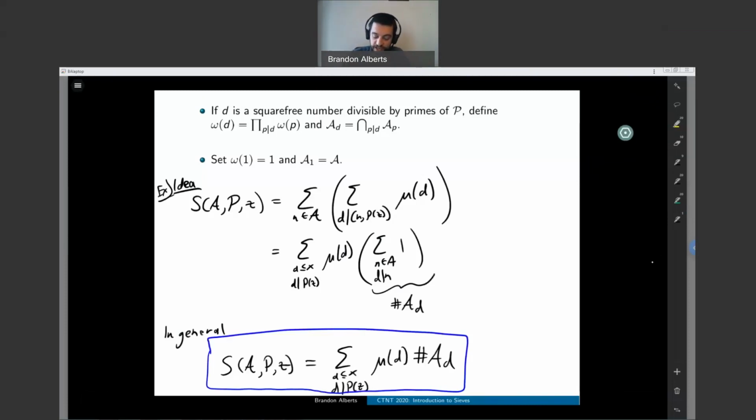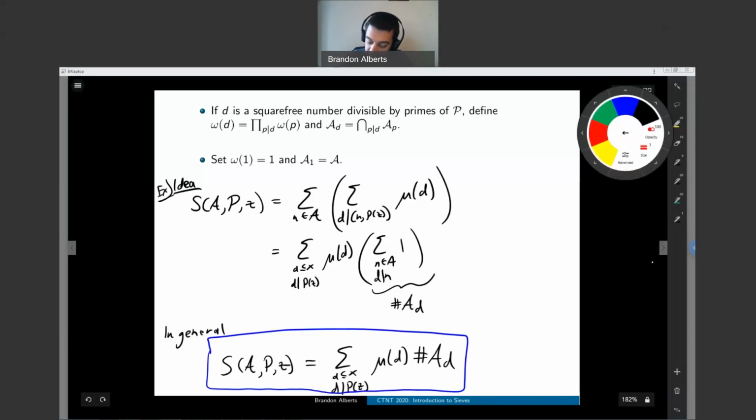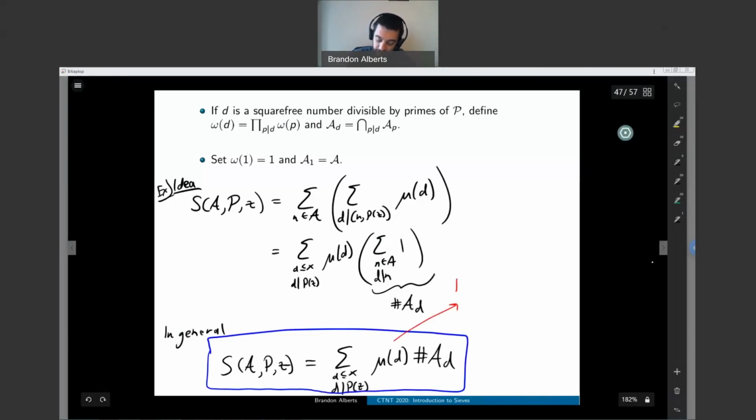So you should think of this as being like the formula that we proved in the last live lecture, where the sizes of these multiply bad sets were floor functions of x over d. This idea generalizes to when our sets look a little bit different, but the inclusion-exclusion is still the same.